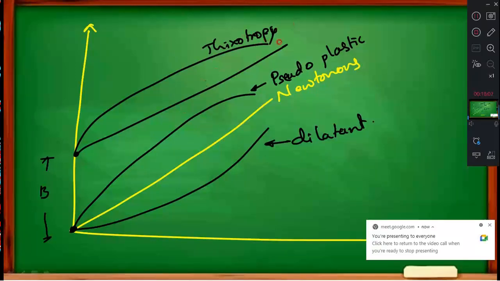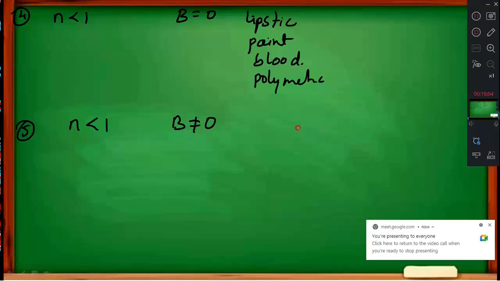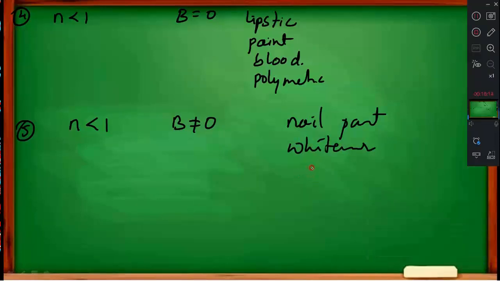That is your thixotropy. Nail paint or whitener, examples. Enamel or printer's ink.